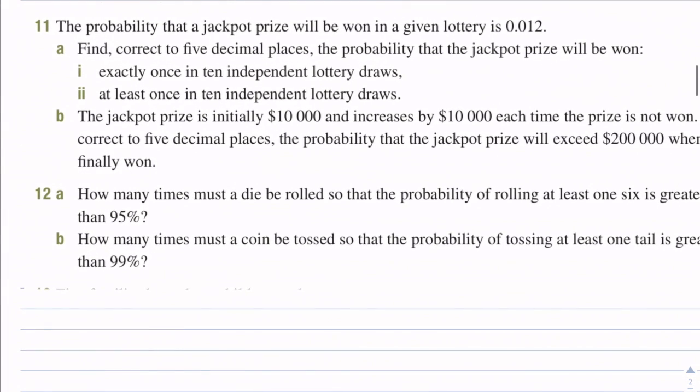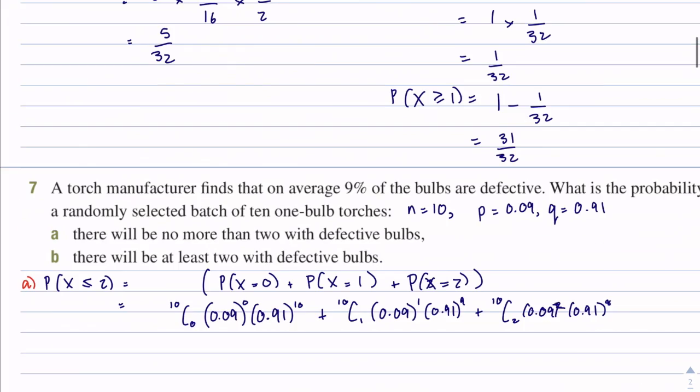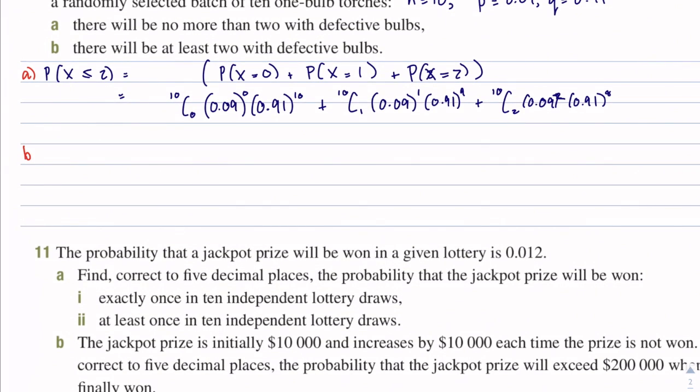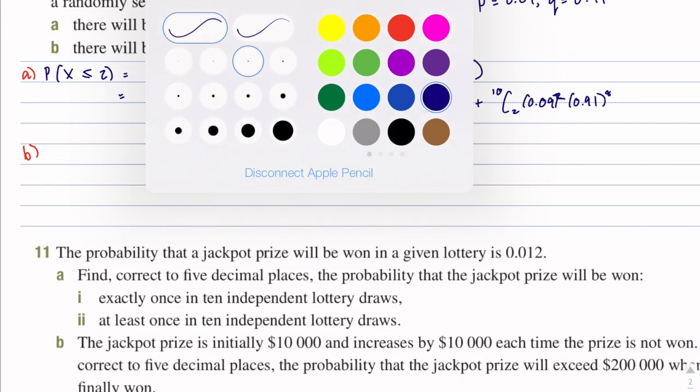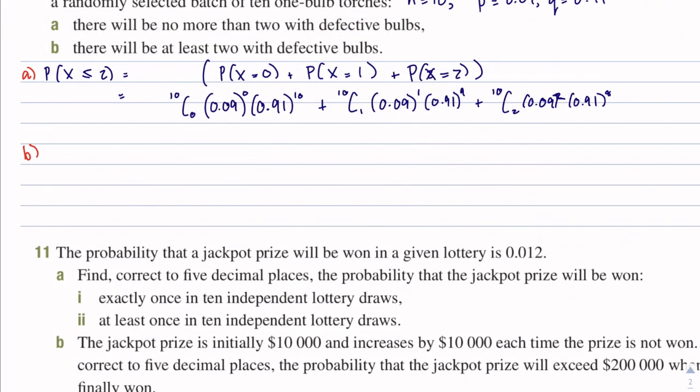Let's have a look at question 11. So 11A. Oh, I didn't even do B for this one. There will be at least 2 with defective bulbs. So the probability that X is greater than or equal to 2 is 1 minus the probability of X less than 2.